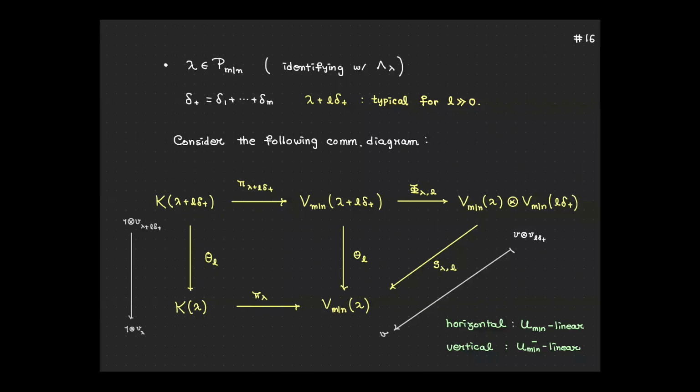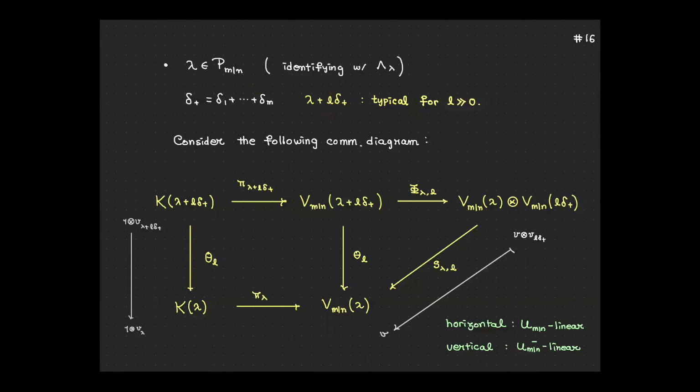From lambda, we shift our highest weight by some positive multiple of delta plus. Delta plus is the sum of delta 1 through delta m, which is just the weight of the determinant representation of GL(m|n). If L is large enough, then we can say that lambda plus L delta plus is typical.